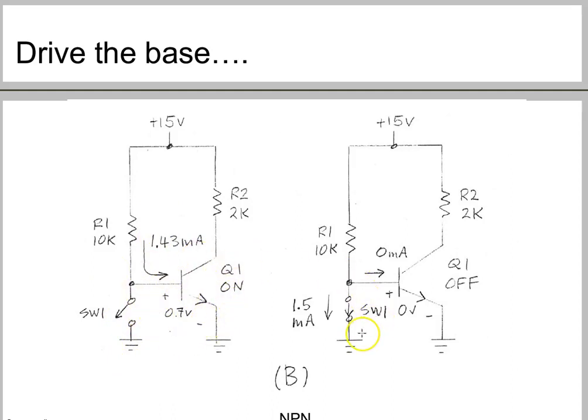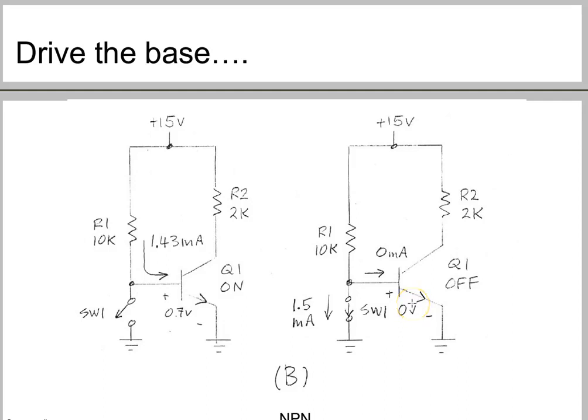Whereas when the switch is closed, then the base potential is going to be 0 volts, and this means that the base emitter diode has 0 volts of potential difference across it, and thus no current through it.